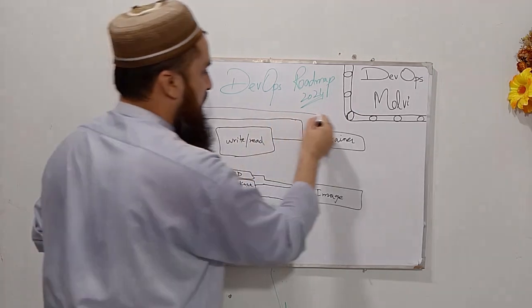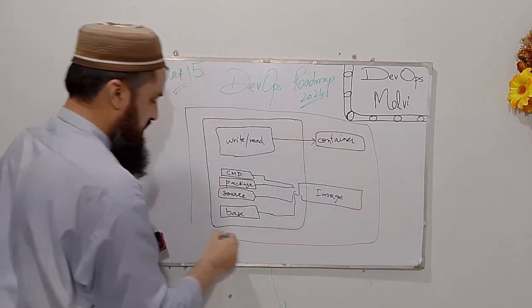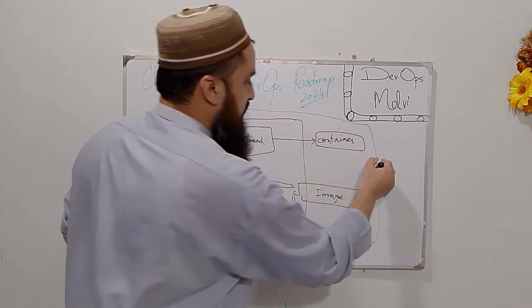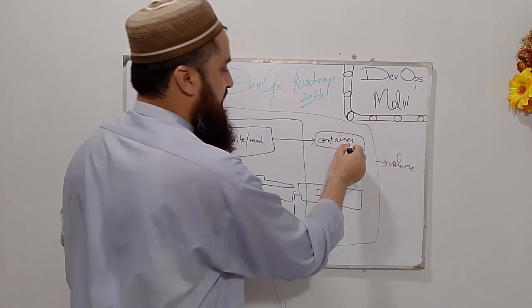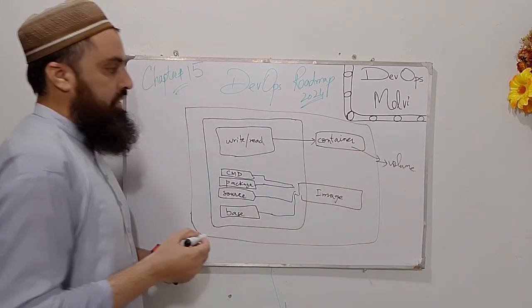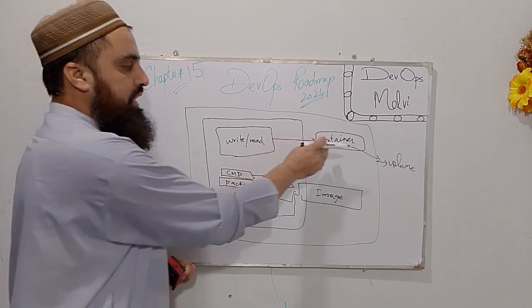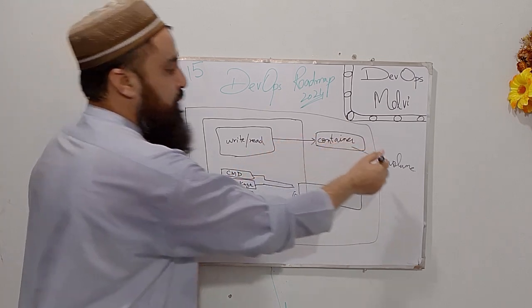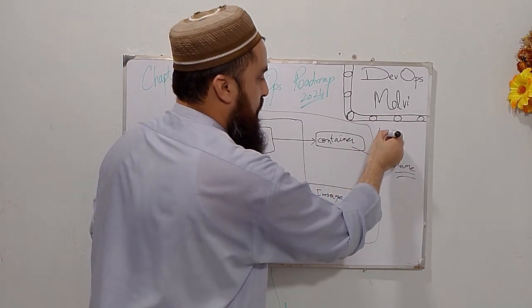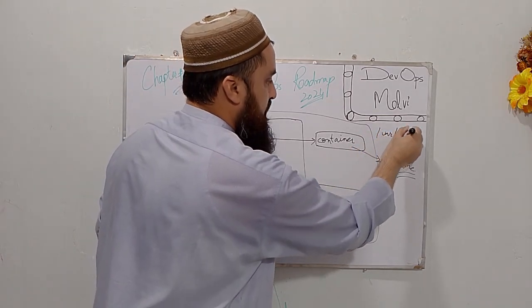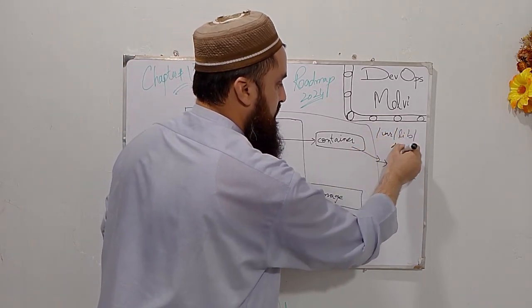This would be my Docker volume, and I can attach it to this container. Whether my container fails, I would have this volume saved in the /var/lib/docker directory.